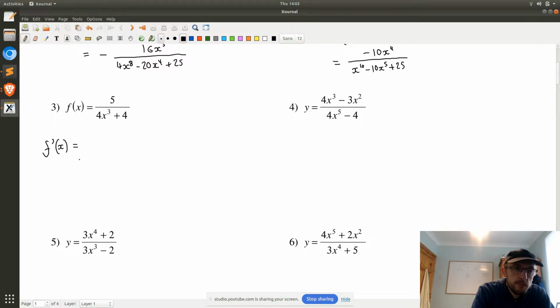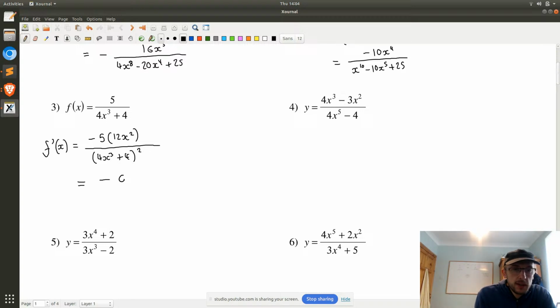Okay. So it goes the bottom times the derivative of the top minus the top times the derivative of the bottom. So in this case, minus 5 times 12x squared, just like that. And that sorts out the numerator. And down here, you have to square that denominator.